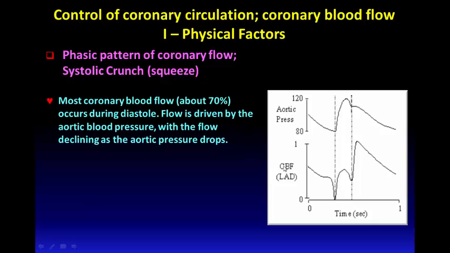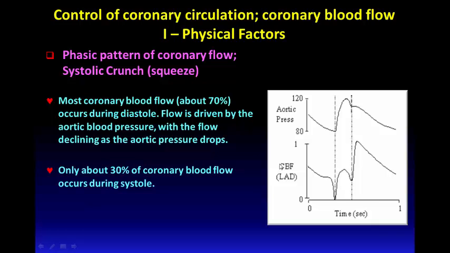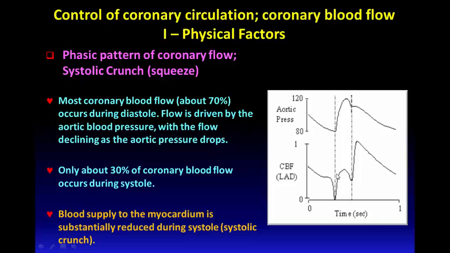Most of the coronary blood flow, about 70%, occurs during diastole, and flow is driven by the aortic pressure, with the flow declining as the aortic pressure drops throughout ventricular diastole. On the other hand, only 30% of coronary blood flow occurs during systole.